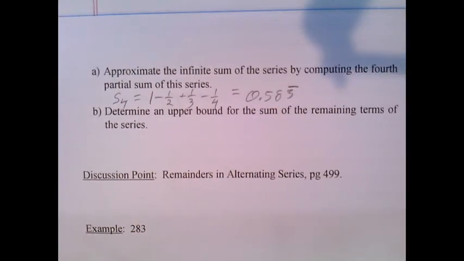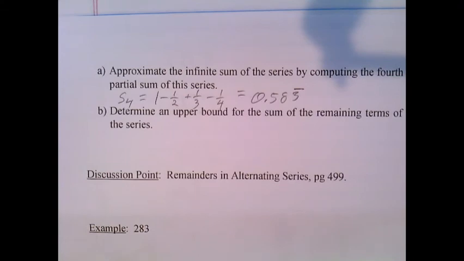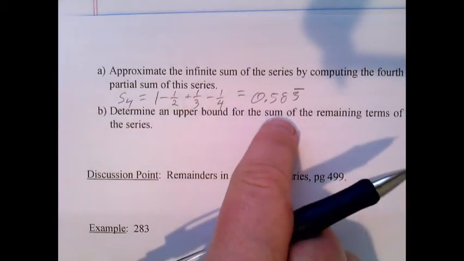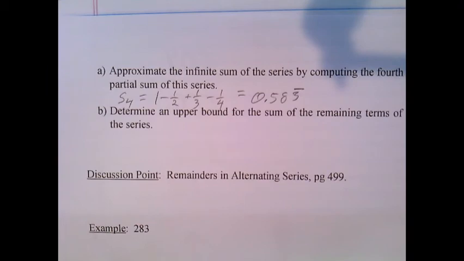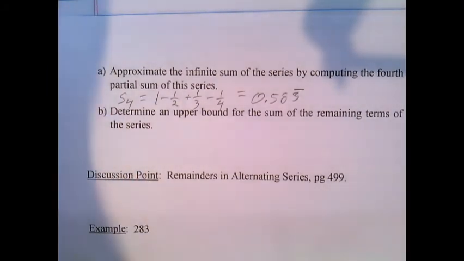Now, that's an approximation for the sum of the entire series. Okay, I can say that because I know the entire series is converging on some number. So if I add up any number of terms, I'm starting to get near that number. But the question is always, how near am I? If I'm pretty close, this might be a useful approximation, but I don't know if I'm close or not.